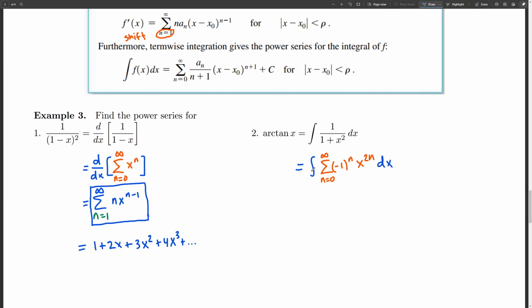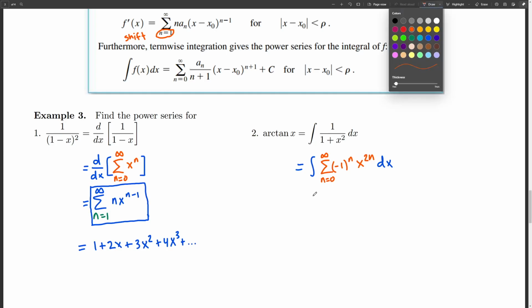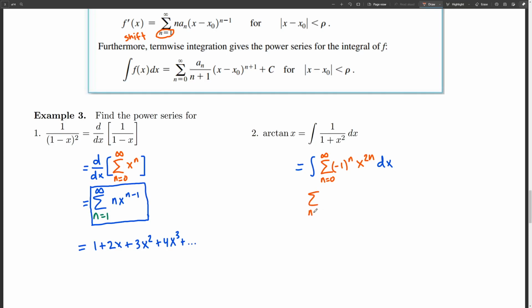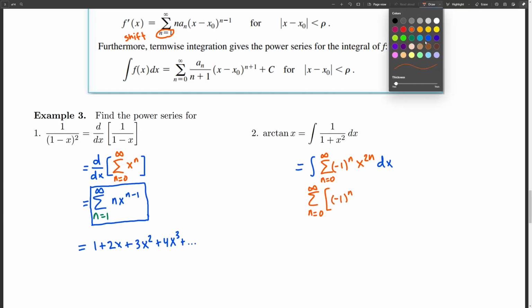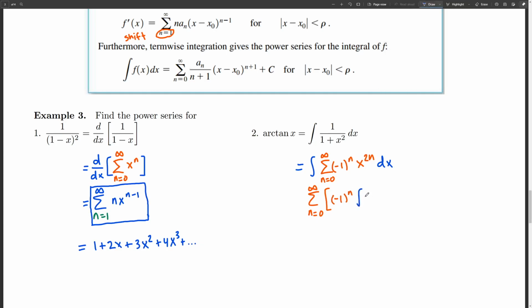And what we can do is basically pull that integral inside. So this is the summation from n equals 0 to infinity of negative 1 to the power n, and then times the integral of x to the power 2n dx.